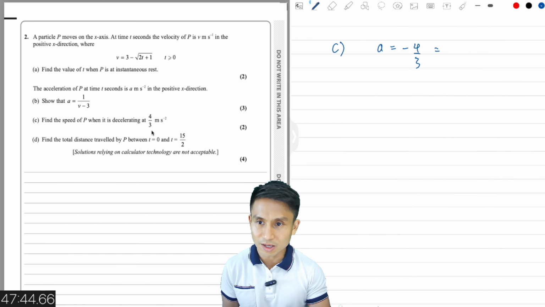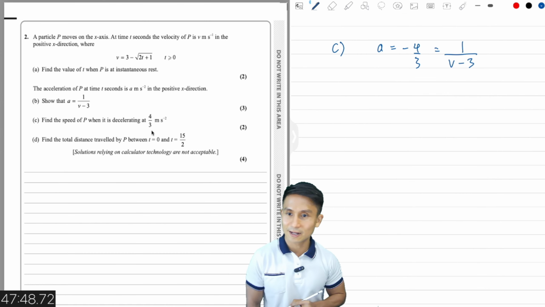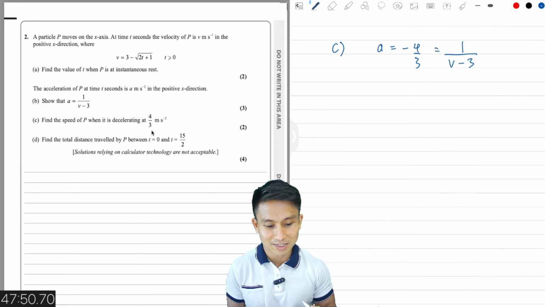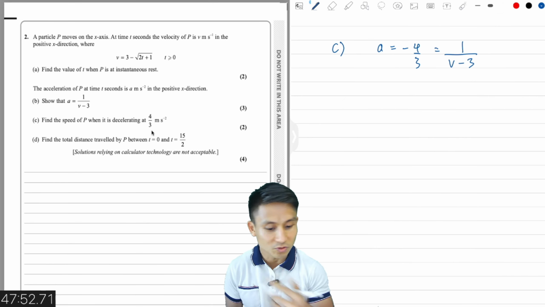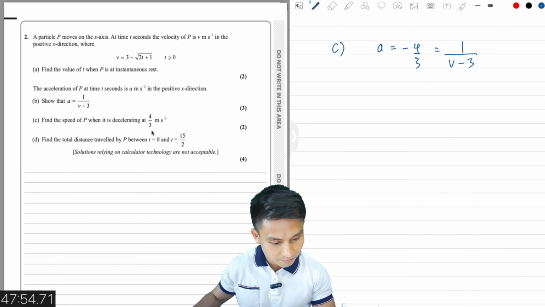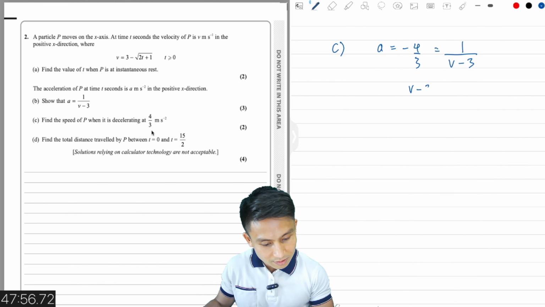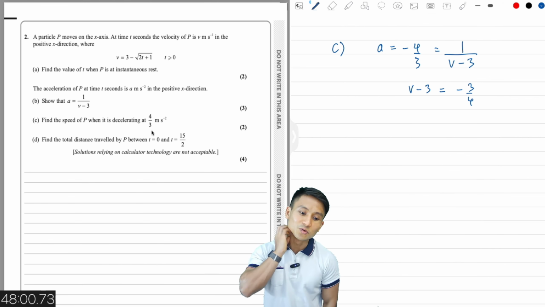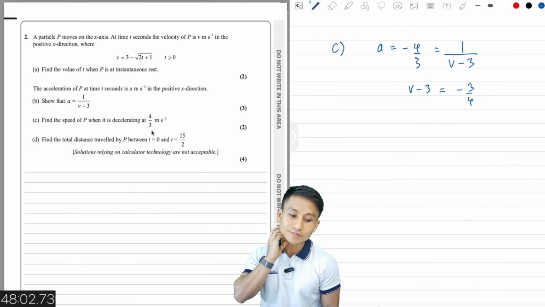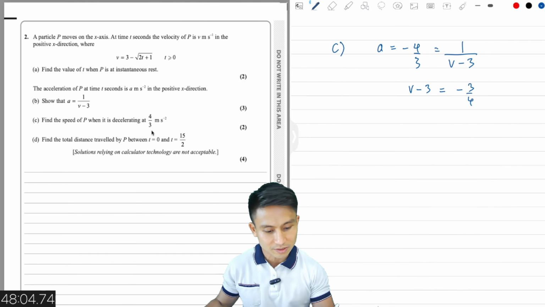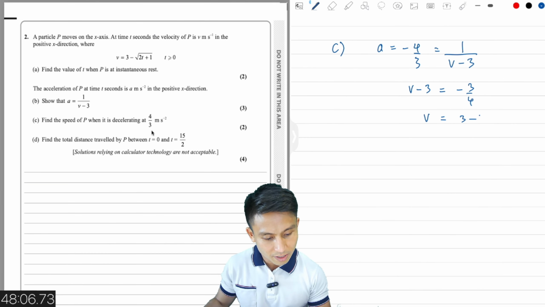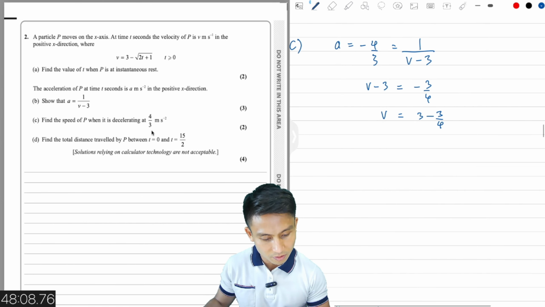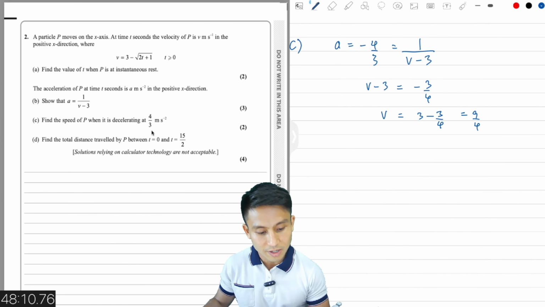And solve for v, because that's what we did earlier, so it makes sense to do that. So v minus 3 would be minus 3 over 4. I just move to the other side, or flip the fraction. So v equals 3 minus 3 over 4. So that would be 9 over 4, right?